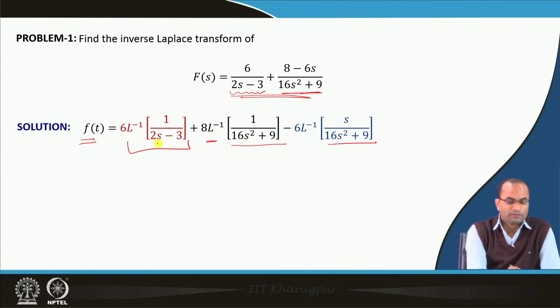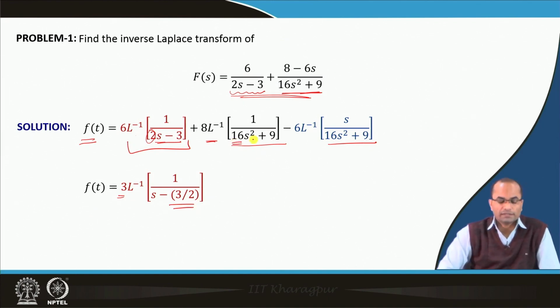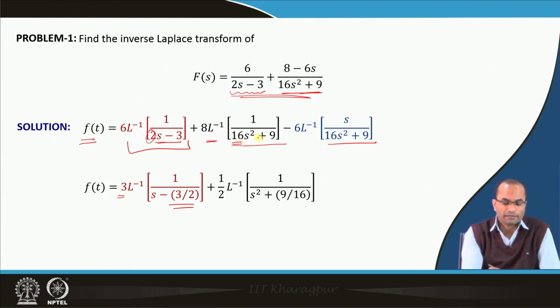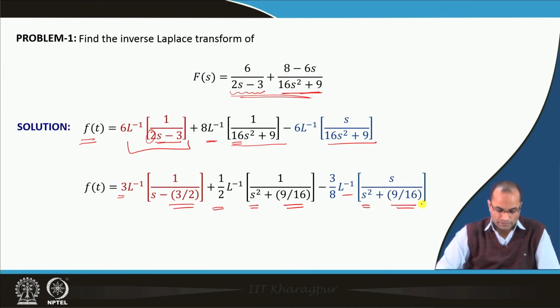In the first case we take the 2 common so that we have the s minus a form, giving 3 times L inverse of 1 over (s minus 3/2). In the second case we take the 16 outside, so we have 1/2 and L inverse of 1 over (s squared plus 9/16). In the third case we take the 16 out, so we have 3/8 and L inverse of s over (s squared plus 9/16).